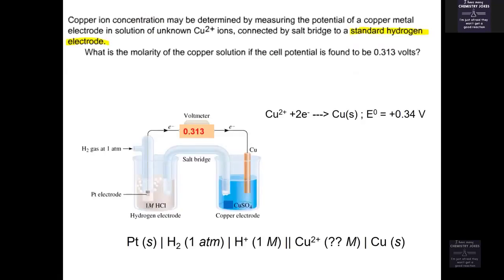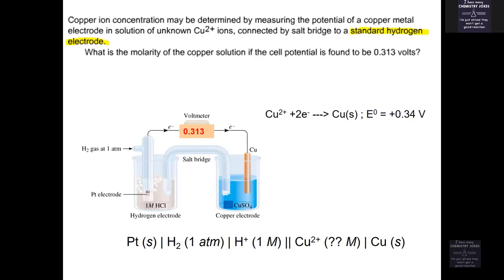Another example of how the Nernst equation can be used is here. We can measure the voltage of a system to determine the concentration of an unknown ion in solution. If we connect copper to a standard hydrogen electrode, remember a standard hydrogen electrode is our 0 reference point, we can have a system that looks like this.